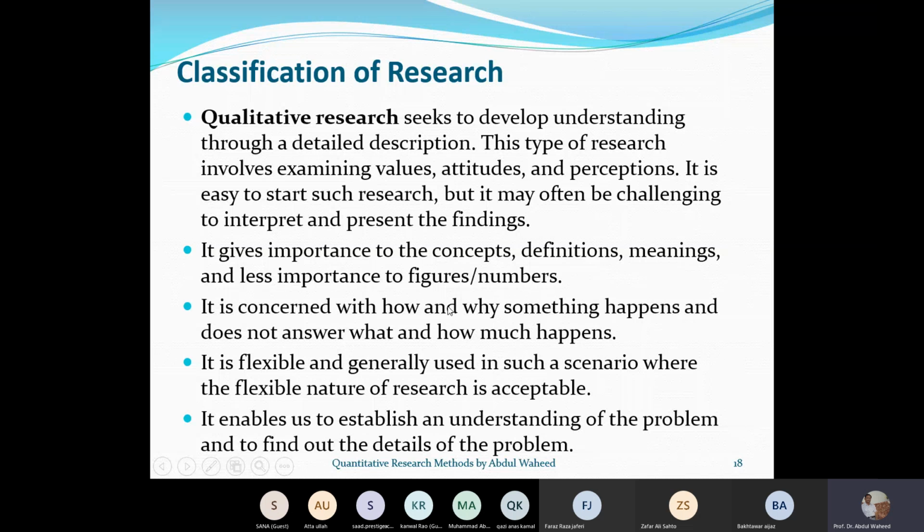We basically conduct interviews and we get some ideas and we read some papers, theoretical papers, and then we come up with some findings. And it is difficult to replicate the findings because we don't have quantitative data. So this gives importance to concepts, definitions, and meanings. And this type of research gives less importance to figures and numbers.